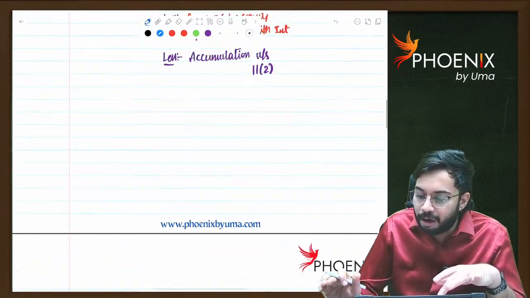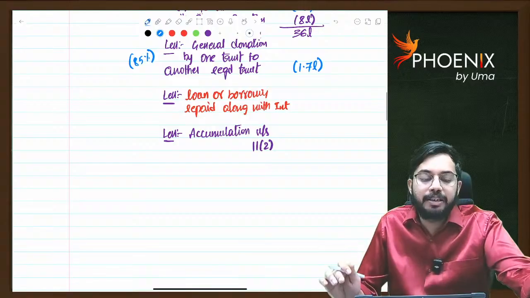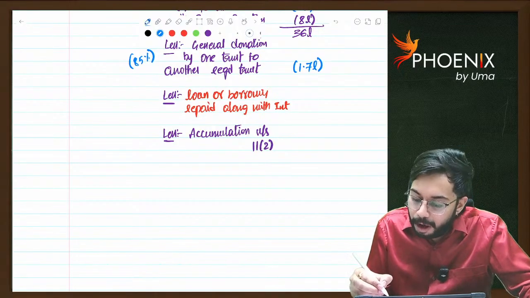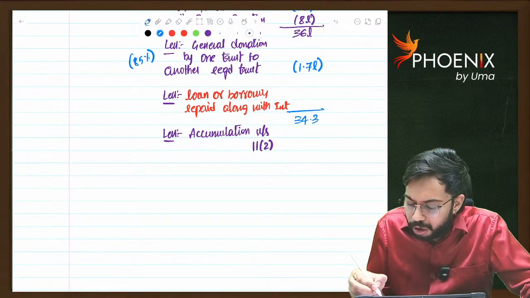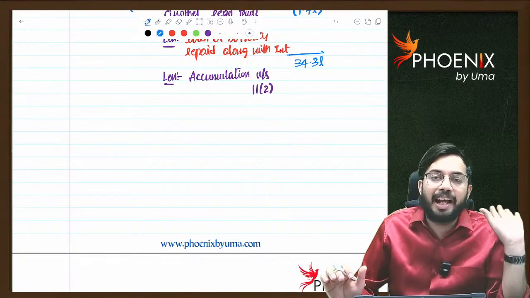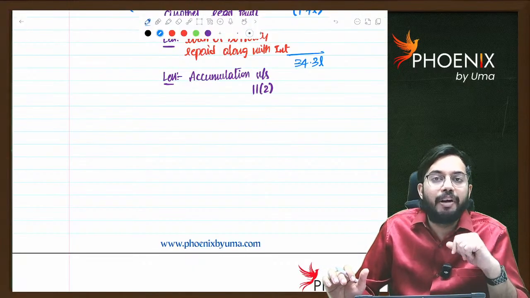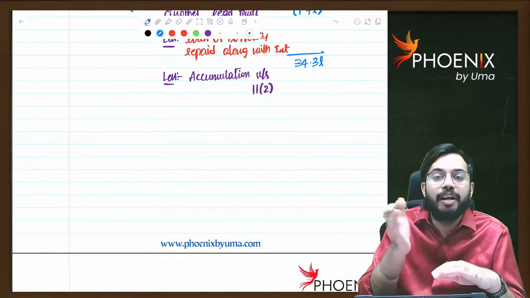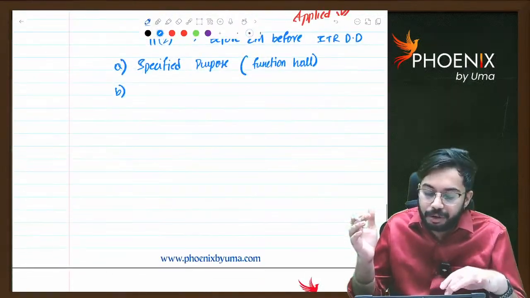So till here, how much is there? 36 minus 1.7, 34.3 lakhs is there. Out of 34.3 lakhs, I wanted to accumulate 10 lakh rupees. Let's say to construct the function hall, it will cost me 50 lakh rupees. I wanted to accumulate 10 lakh rupees every year.